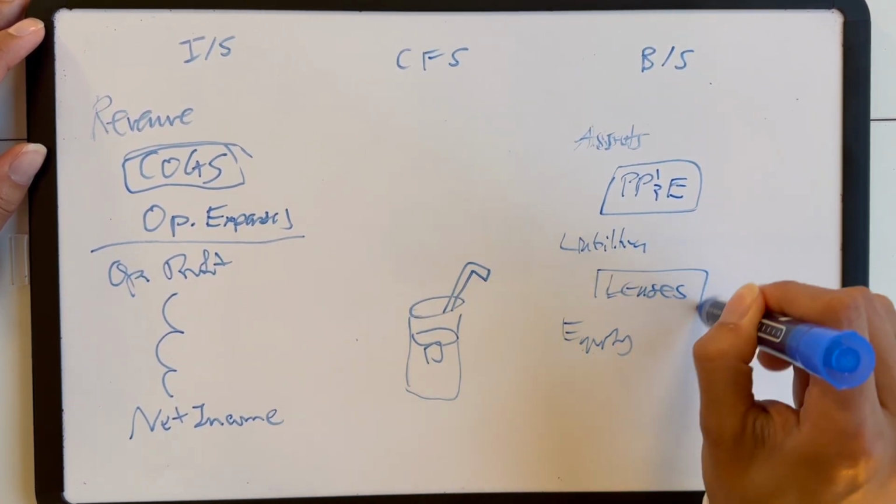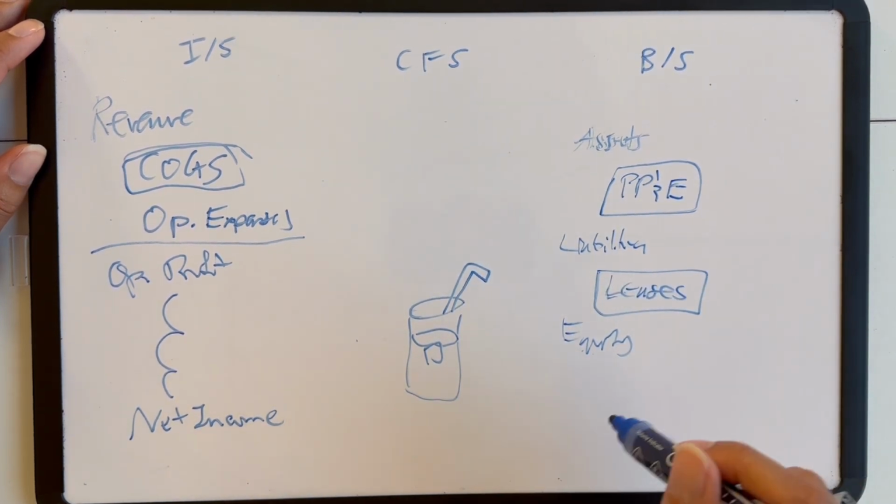This is very common. You'll see leases in the liability section of the balance sheet on a lot of financial statements of publicly traded companies. It's a very real expense that the company has to pay in order to have access, what's called the right of use, for the asset of the space. And so we capitalize it, meaning we assign some kind of value to it on the balance sheet.